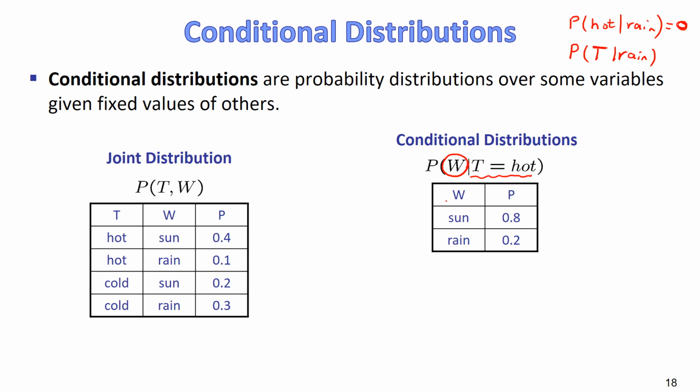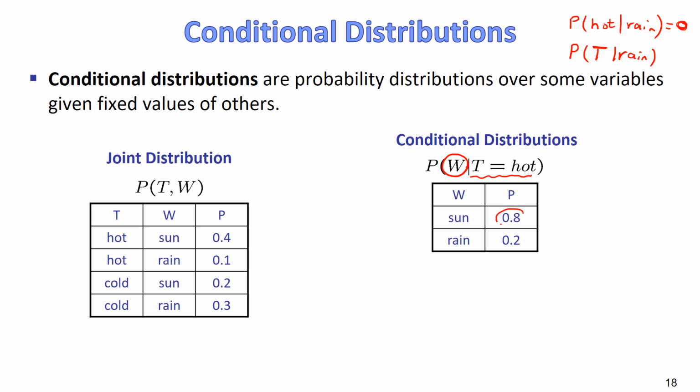The same way we calculated every probability. We just need to make sure what values we should have for the variables. Here we have W. T is fixed, W is not fixed, so we'll have all possible values of W, which is sun and rain.